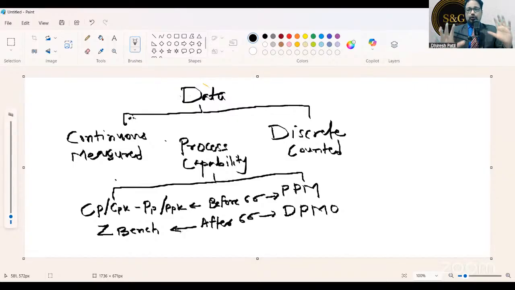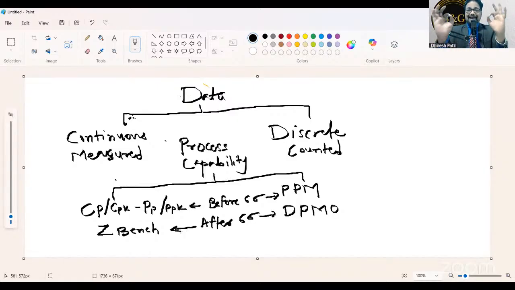Just take a screenshot of this so that you are clear about it before we go deeper into the concepts. Everybody till now with me? Process capability, Cpm, parts per million, defects per million, exactly. Very good. See, all these indicators are of process capability: Cp, Cpk, Z, ppm, DPMO.